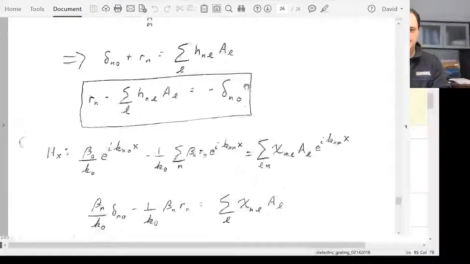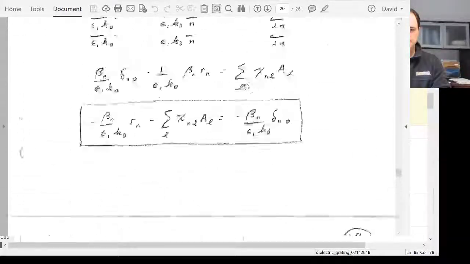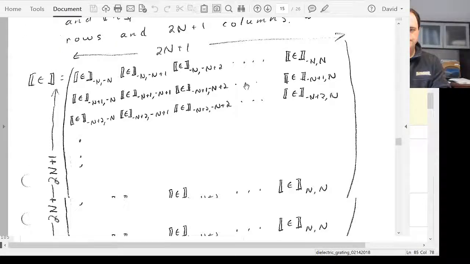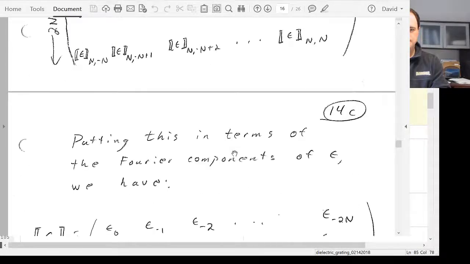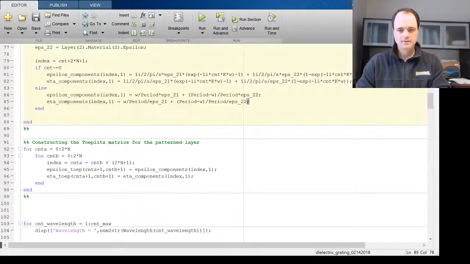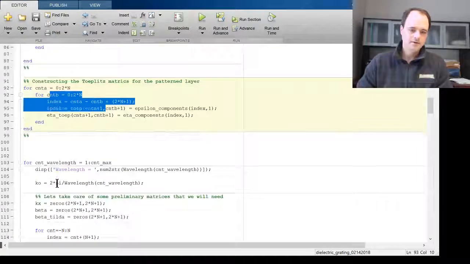So now I want to construct this matrix here. And so that is what I'm doing right here, right here, right here. Okay.